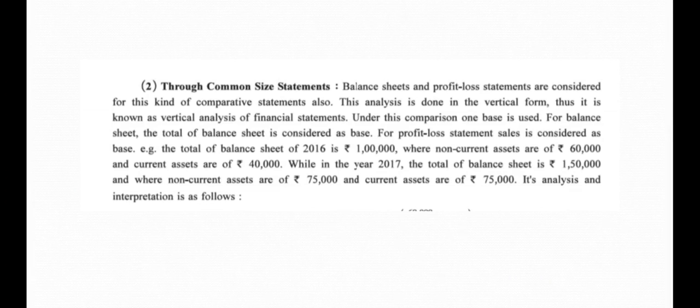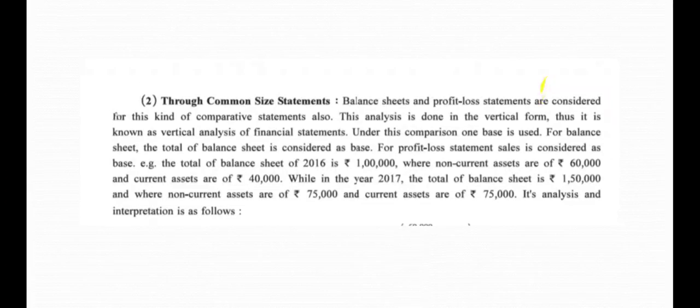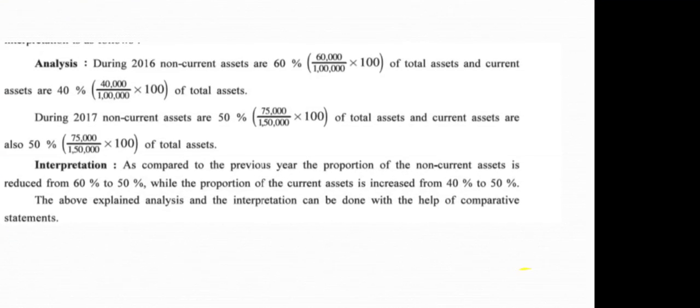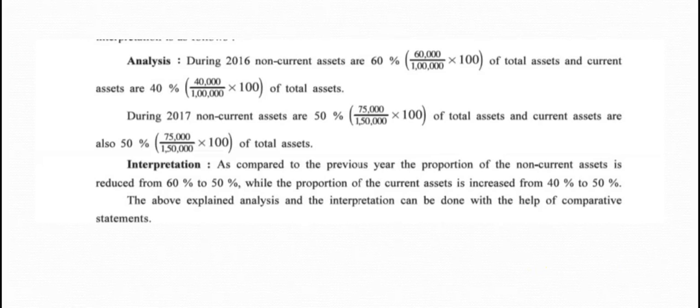Suppose the total balance sheet of 2016 is rupees 1 lakh, where non-current assets are 60,000 and current assets are 40,000. While in 2017 the total of balance sheet is 1 lakh 50,000, where non-current assets are 75,000 and current assets are 75,000. Its analysis will be this.